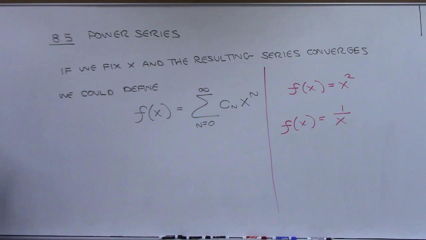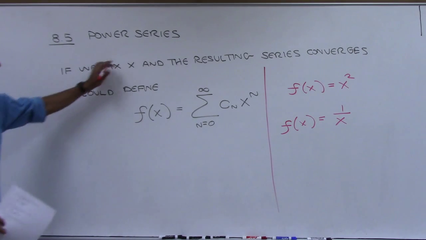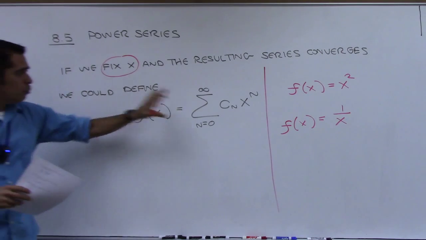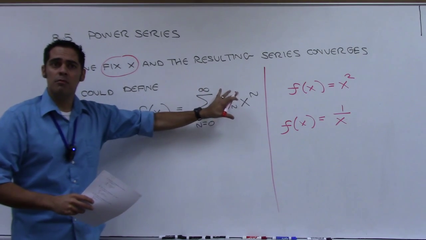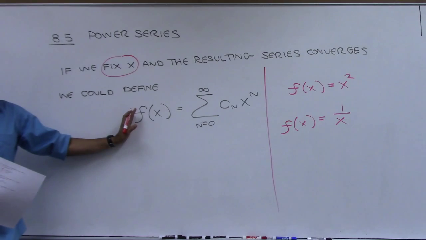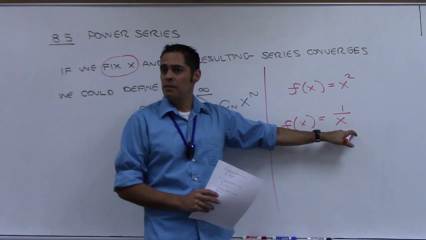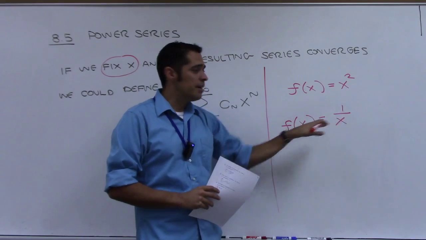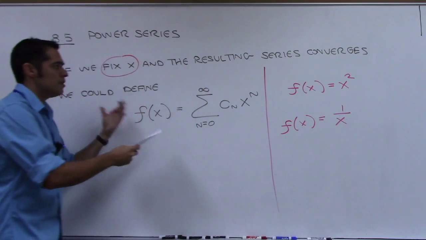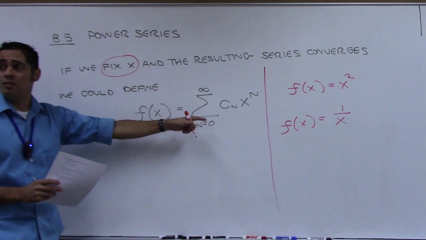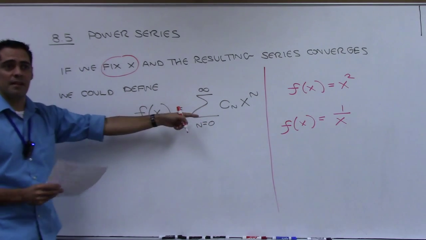All the values of x that you could ever get together that would make this converge would be called the domain of f. Just like over here, the domain is everything that makes this make sense. It would be all x's except what? 0 here. Here, the domain is every x that makes that converge. Things that are not in the domain would be the x's that make that diverge.